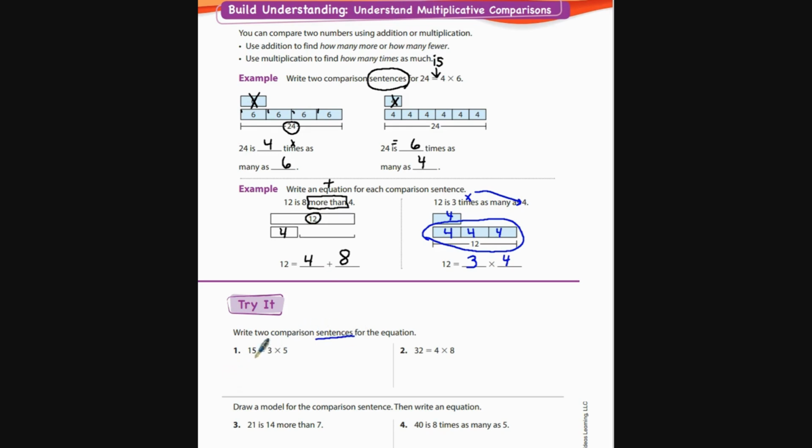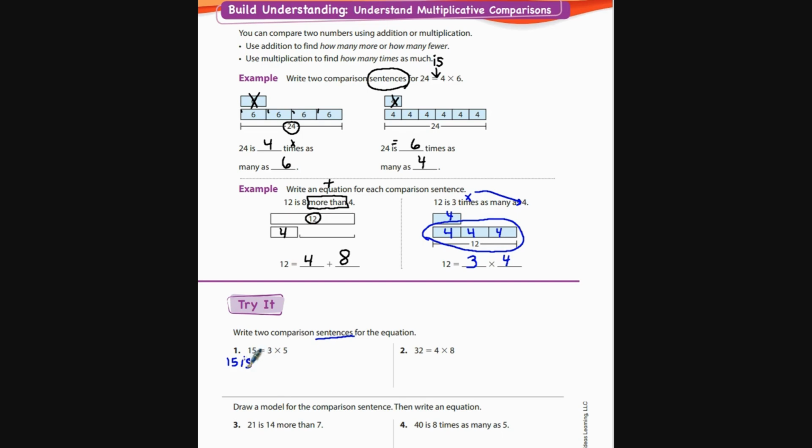Sentences. Here we go. Let's practice together. What number goes first? 15. What's that word for equals? Because I can't put equals. It's is. 15 is. Should I put 15 is 3 times 5? No. Right? We can't put 3 times 5. We're going to write it similar, but we have to include a few little words in there.